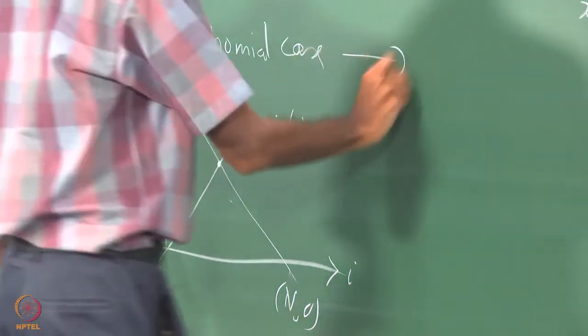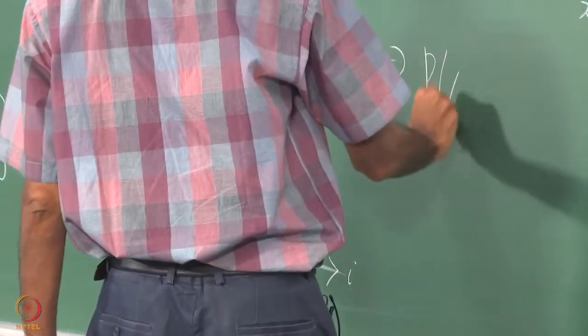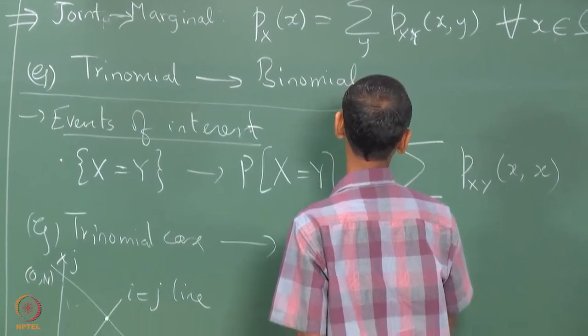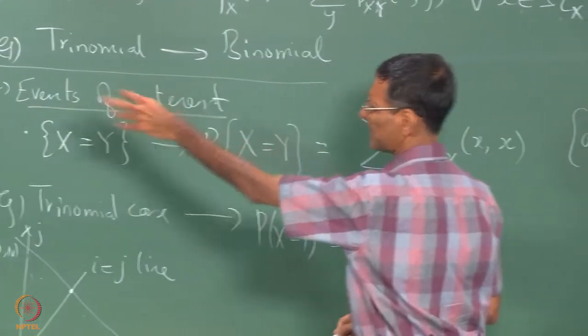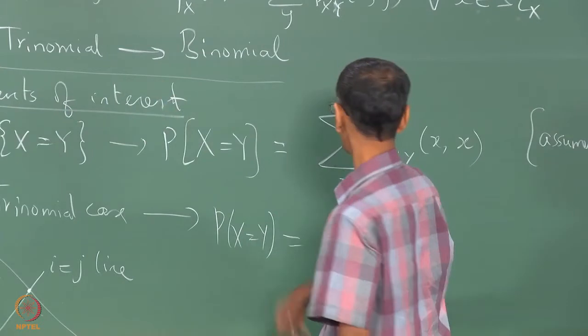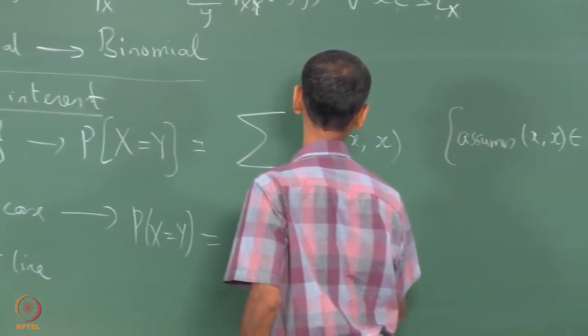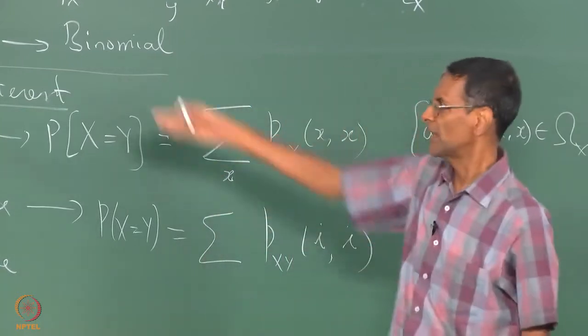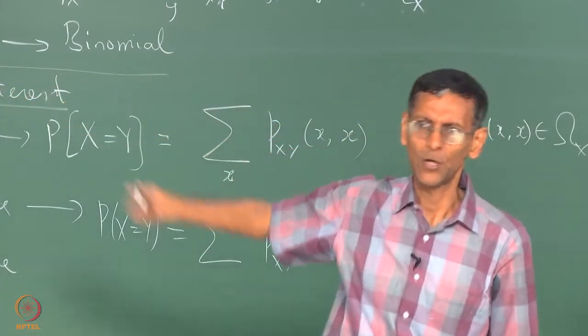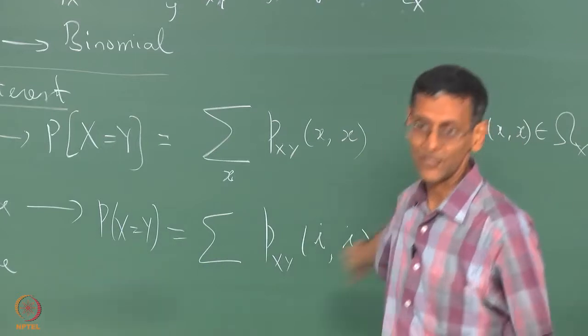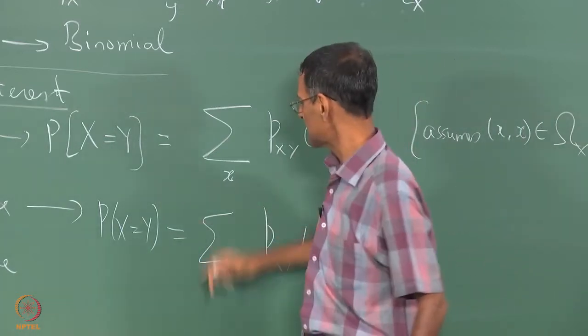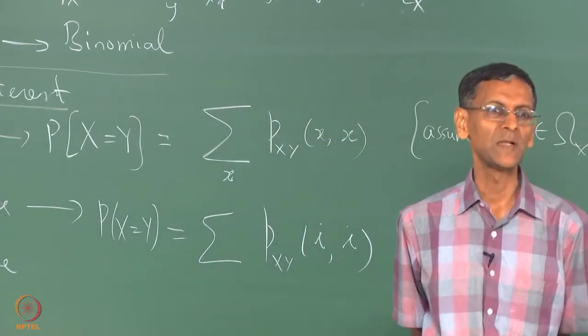So, what happens here? How do I write this? I will just write it as p_XY(i, i). Anybody can substitute j for i out there; I am not going to write it all over again. But what we are interested in are the limits of the summation. What are the limits of the summation?